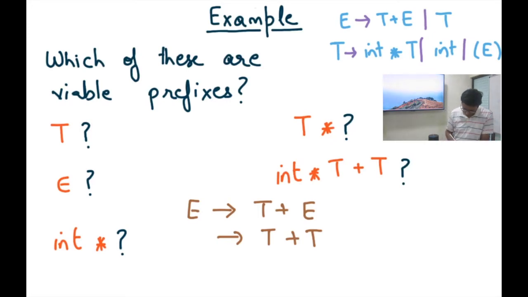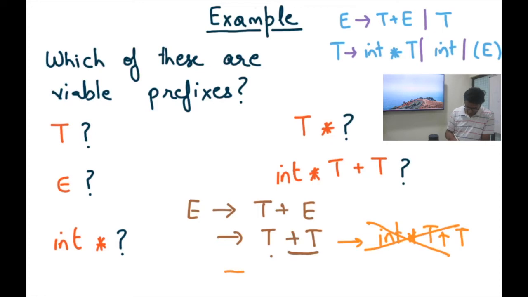But the problem here is that I cannot just retain this plus T and then expand. So doing something like this is not legal, because then it would not be a rightmost derivation. In this particular step, I'm deriving the left non-terminal before the right non-terminal, and so that's not a rightmost derivation. And although this looks like it's producing the desired viable prefix, this won't count, and so we won't consider this.